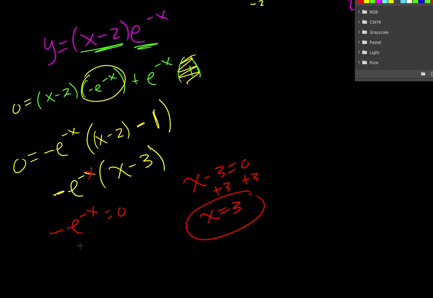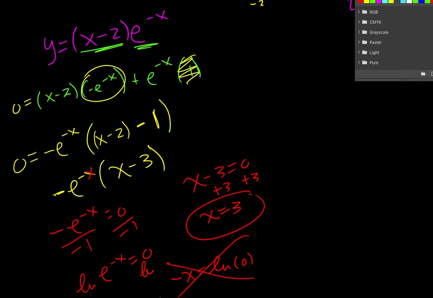And then over here, we're going to divide by negative 1. That doesn't really matter. And we natural log both sides. So we get negative x is equal to natural log of 0, which if you try to do natural log of 0, it's undefined.